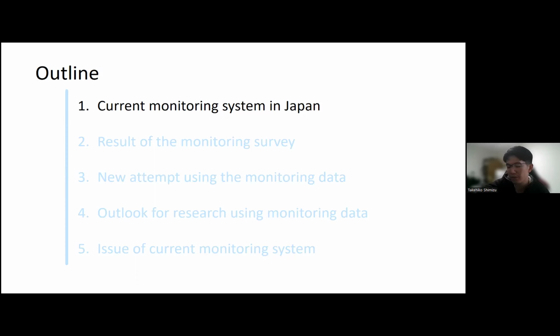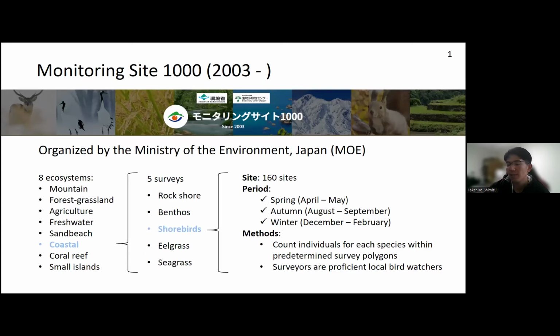Firstly, I introduce the current monitoring systems in Japan. In Japan, one systematic monitoring survey exists, called Monitoring Site 1000. This survey started in 2003 and is organized by the Ministry of the Environment.